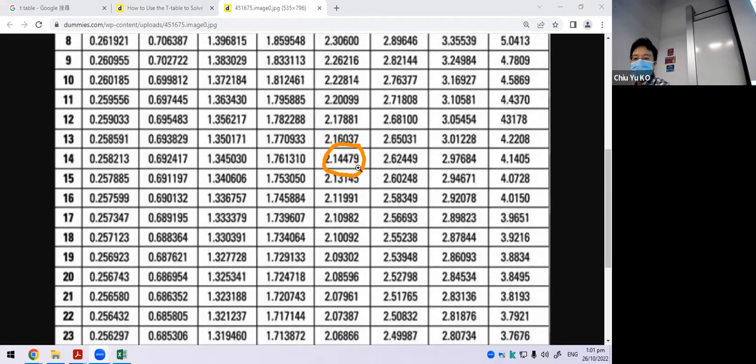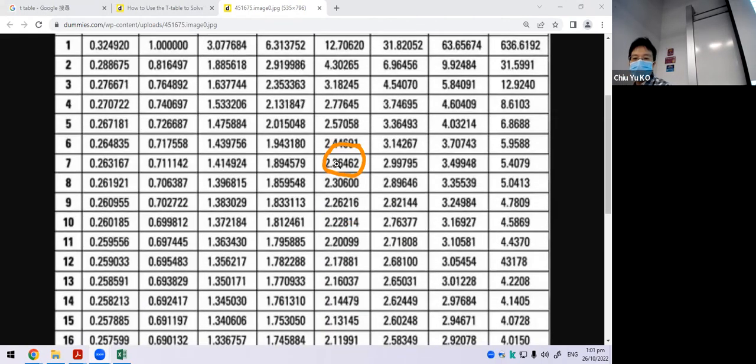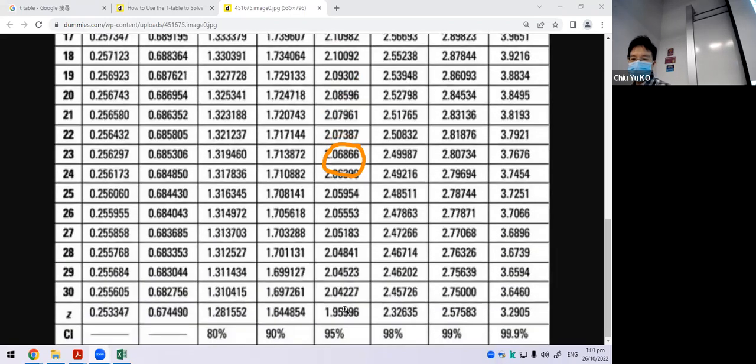When you go further down, beyond 10, it's very close to 2 already, and at the end it gets to 1.96. So when you have many samples, it actually goes to 2. This table only gives you up to 30. That is exactly why the central limit theorem applies when you have more than 35, because it is very close already. Is that okay?